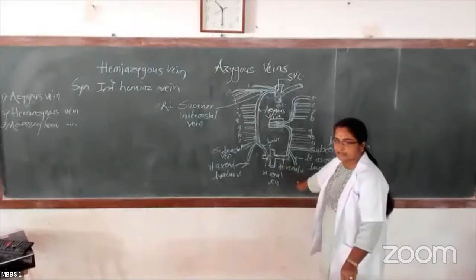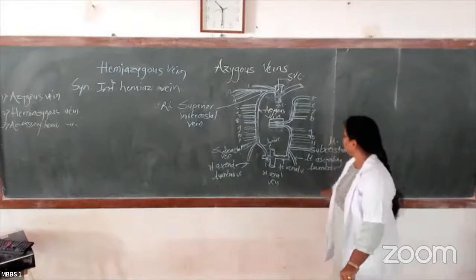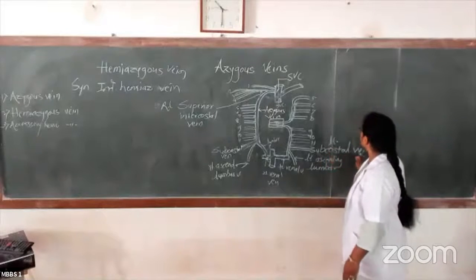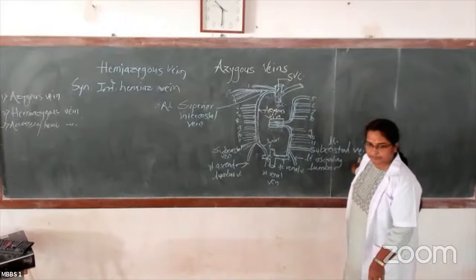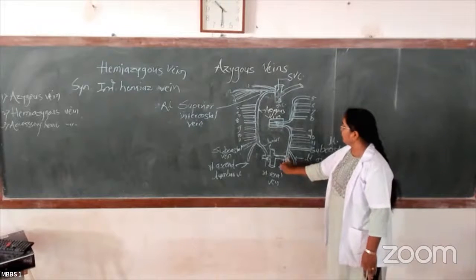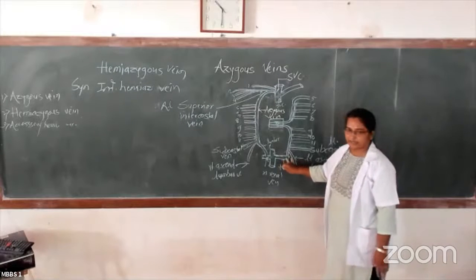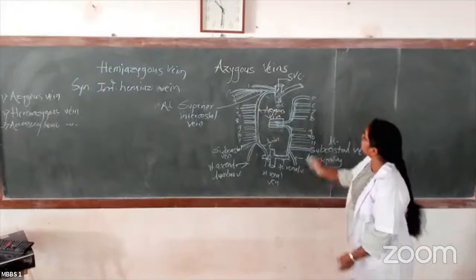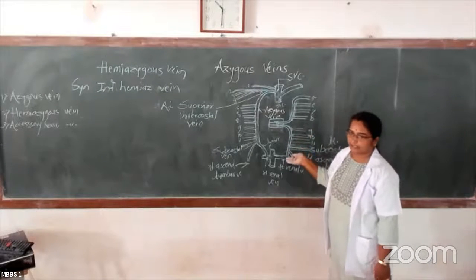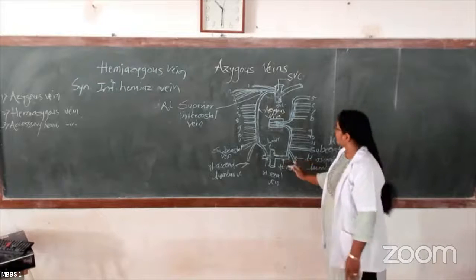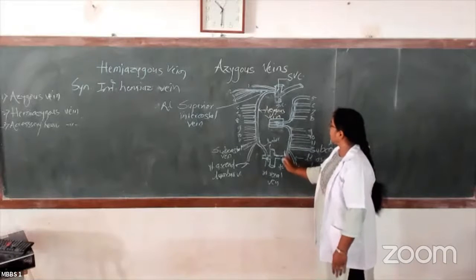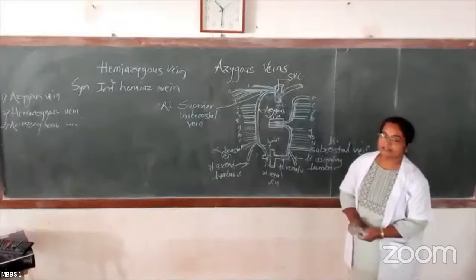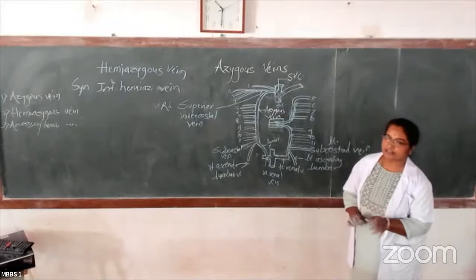So formation is similar, by the union of left ascending lumbar vein with the left sided subcostal vein. But below it communicates with the left renal vein. Then this hemiazygous vein is present on the left side of the vertebral column. So after formation, it ascends upwards and enters the thorax by piercing the left crus of diaphragm.